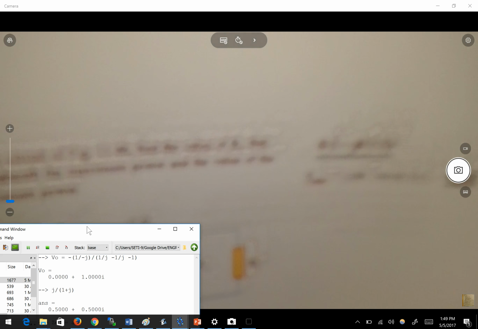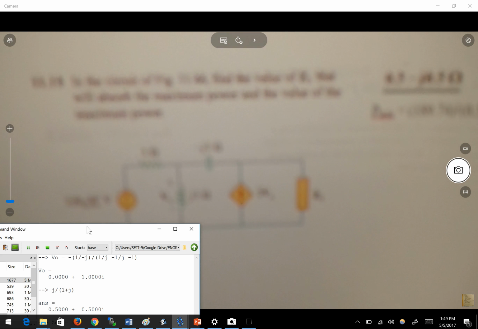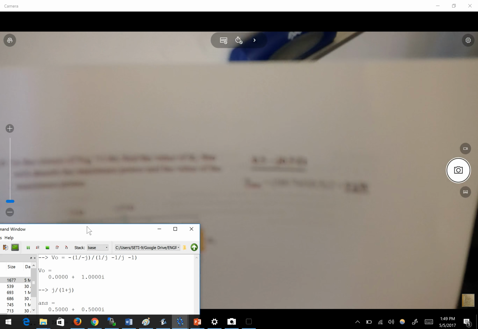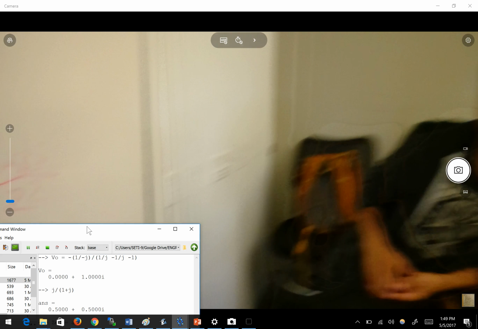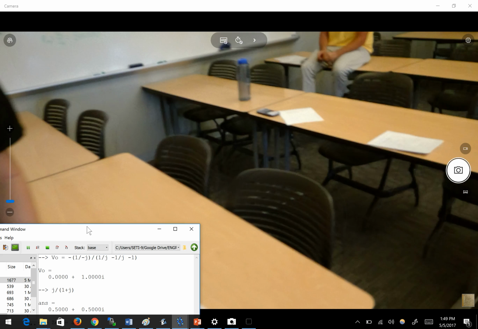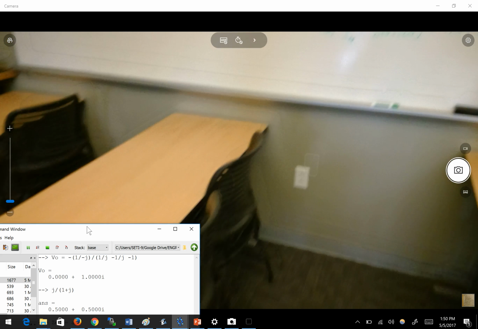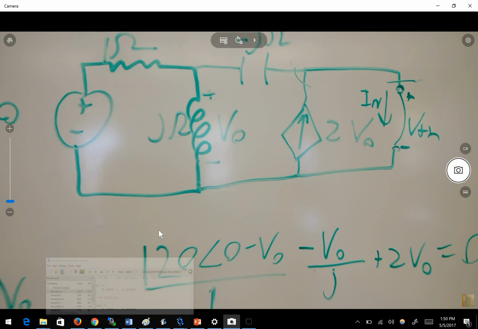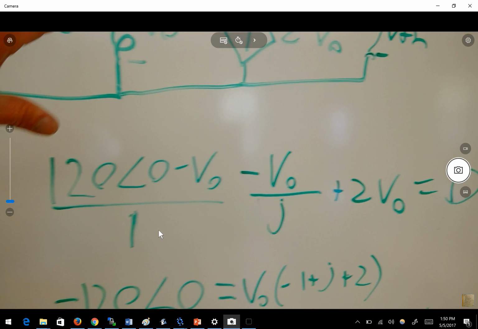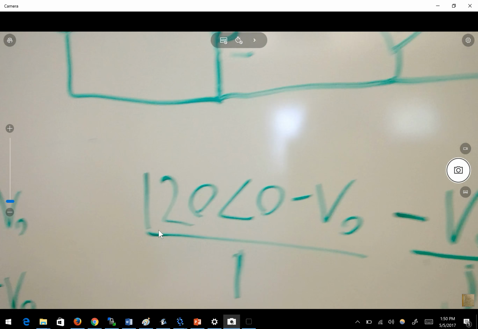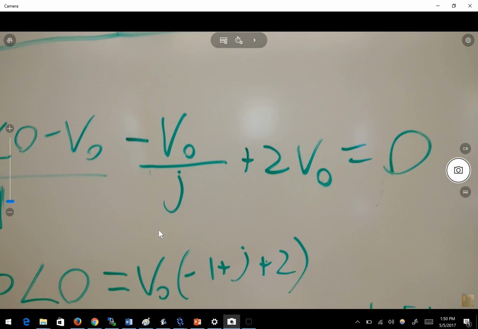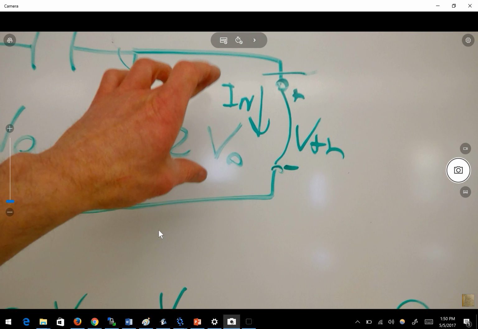Close enough. Now I led Duncan down an alternate way. You should see how he's doing it. Let's see if we can find consistency. So we want the arctan 1. So it should be 45. With Duncan, I made the perhaps unfortunate suggestion that, because hooking up the test source is kind of a pain, you can also find Z Thevenin if you know what V Thevenin is, by finding I Norton.